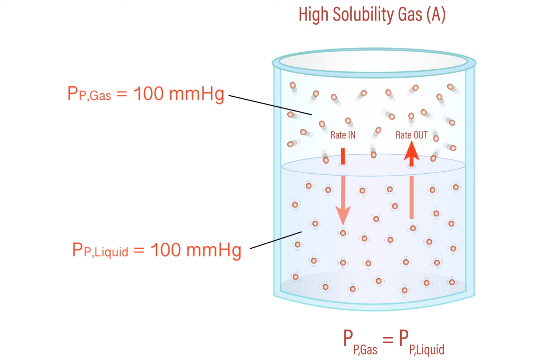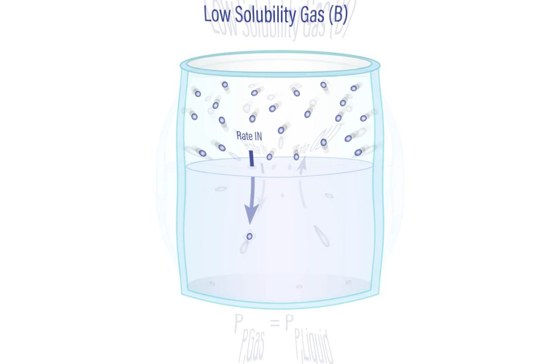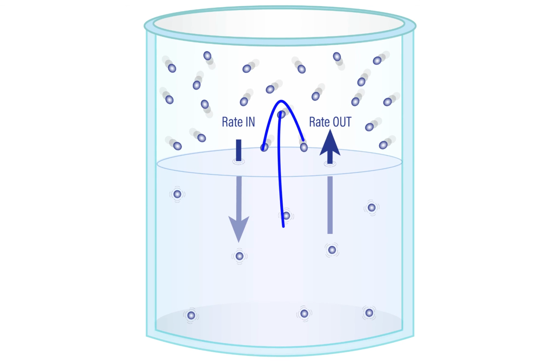In this case, that would be 100 millimeters of mercury. Now let's compare that to a situation where we repeat this experiment, but we do this with a lower solubility gas. So this is a gas with low solubility for water. So as soon as we start this experiment with a low solubility gas, we observe what we saw before. That is, rate in far exceeds the rate out. Therefore, we have net movement of the gas molecules into the liquid phase. But note, because this gas has low solubility, it tends to move from the liquid phase back to the gas phase much more readily than the high solubility gas.